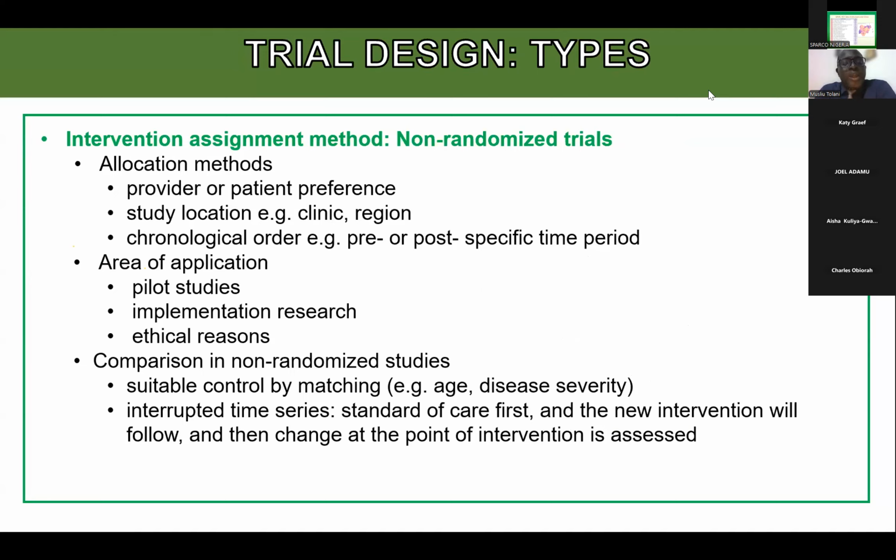And comparison is still possible in non-randomized trials, as your collected data can be looked at, reclassified, and matched based on disease or patient characteristics like age or disease severity, or by time. So we can look at what is presently happening as our standard of care and then introduce a new intervention, looking at pre-post to see whether there's a change at any point in the intervention.